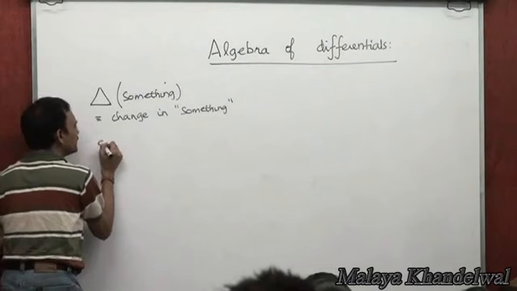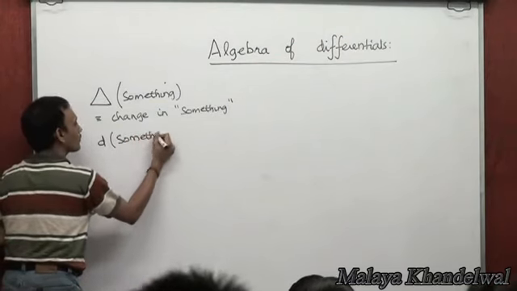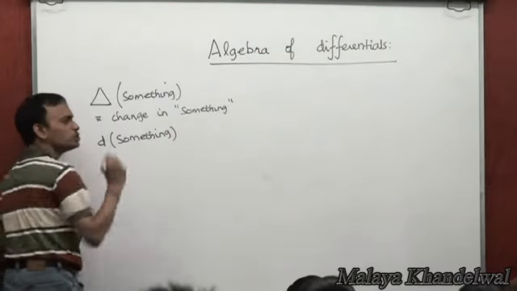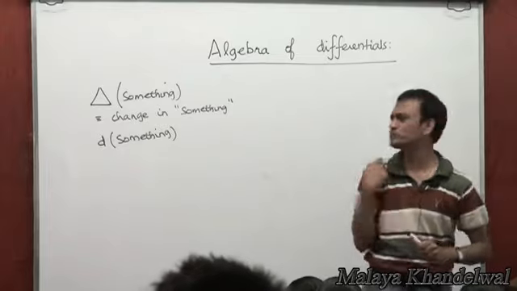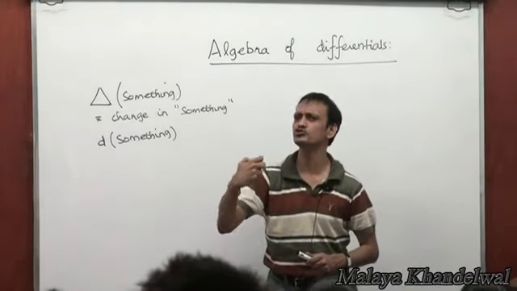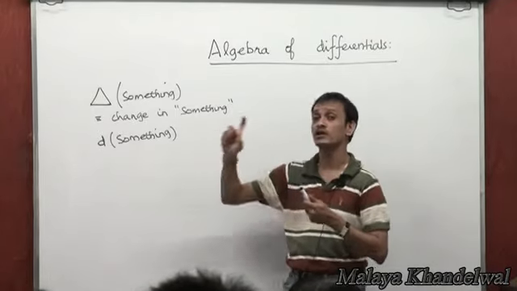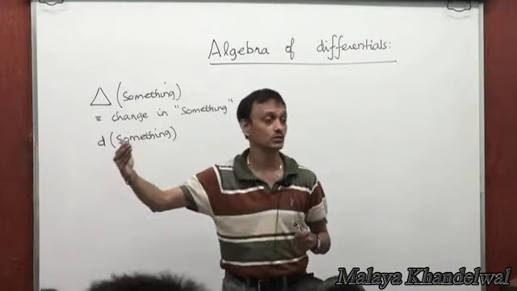When I say d of something, that's also a change. But this change is very, very small, as small as you can imagine. When I say d of something, it's an extremely small change, as small as you could imagine.